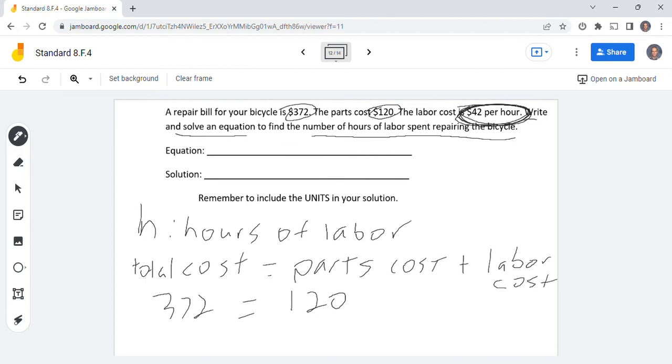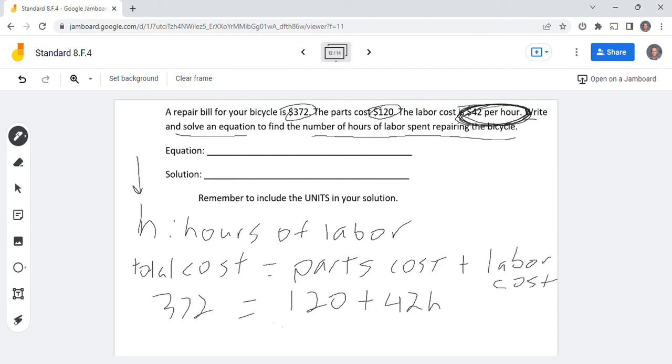That just comes directly from the question. The labor cost we're going to have to calculate by taking this $42 per hour and multiplying it by the number of hours that we get. That's just 42h. Now we have an equation with h in there, and if we solve for that h, we'll figure out our hours of labor, which is the point of the question.